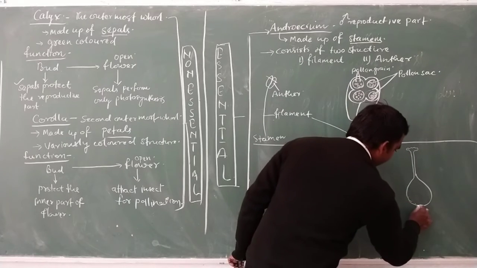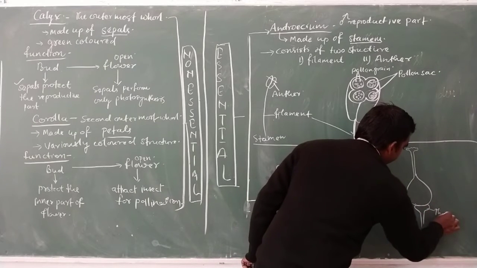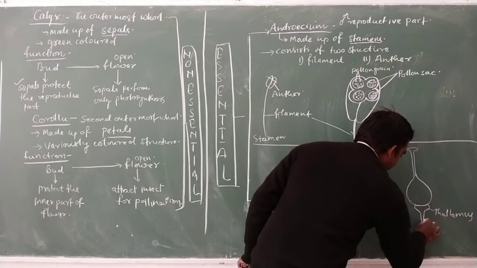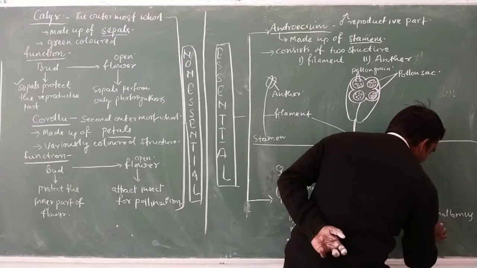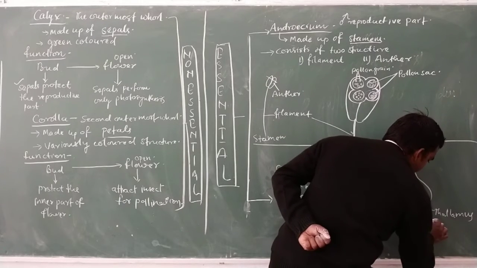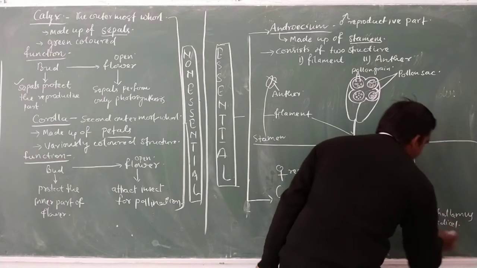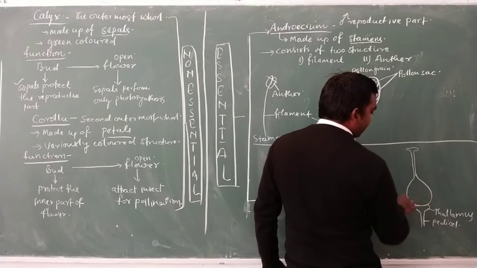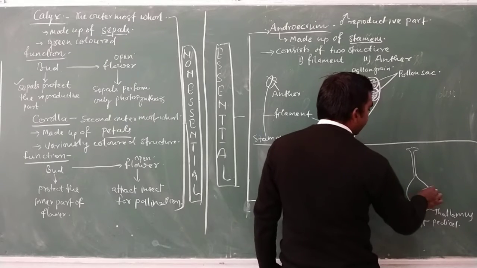So this swollen part, and below the swollen part there is the thalamus, and thalamus connects with the main body of the plant using the pedicel. The pedicel is the stalk of the flower. So above the thalamus, the three parts of the female reproductive organ are present here.